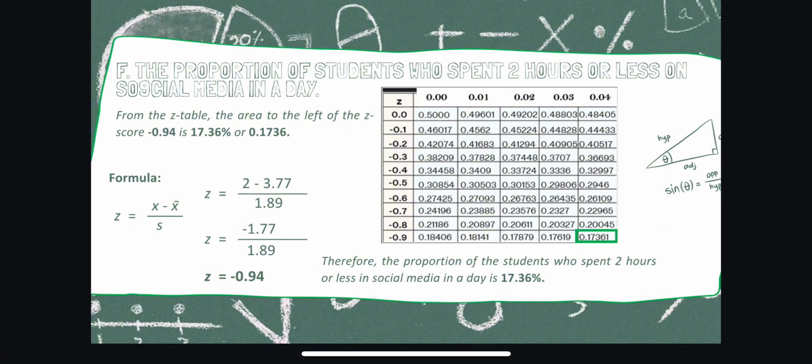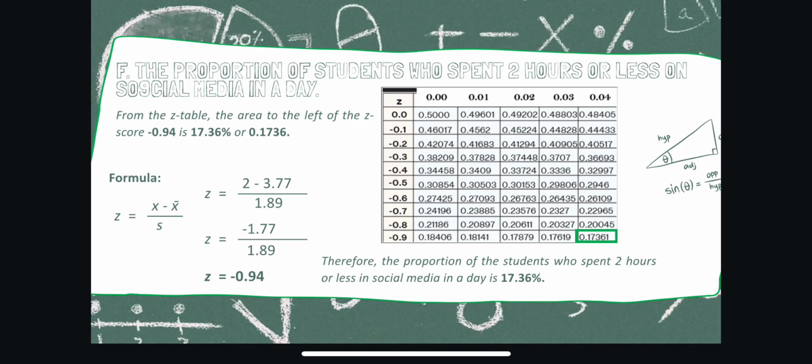After getting the z-score, we refer to the z-table to find the area to the left of z equals negative 0.94. The table shows an area of 0.1736 or 17.36%.